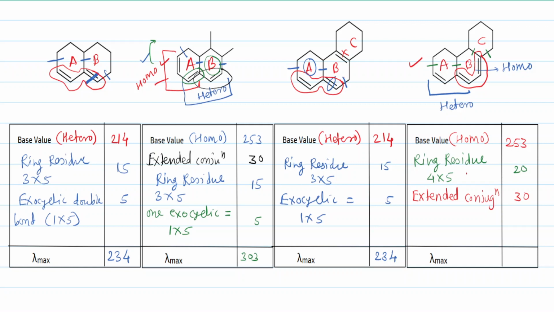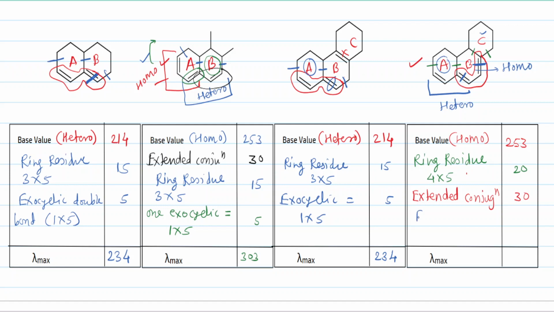In this system, for ring C this bond is the exocyclic double bond, and for ring A this bond is the exocyclic double bond. So there are 2 exocyclic double bonds, that is 2 into 5, equal to 10. Now adding these, we get 313 nanometer. It is the value of lambda max for this compound.